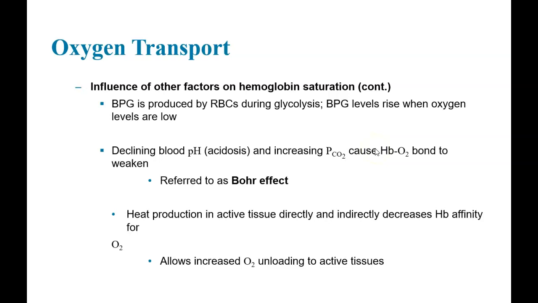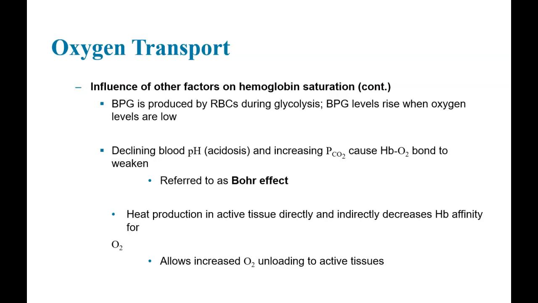Other factors that can influence the hemoglobin saturation are BPG, which is a molecule that helps the hemoglobin bind to oxygen. This is produced by the red blood cells during glycolysis, and BPG levels rise when oxygen levels are low. Then there's also declining blood pH and increasing partial pressure of carbon dioxide.